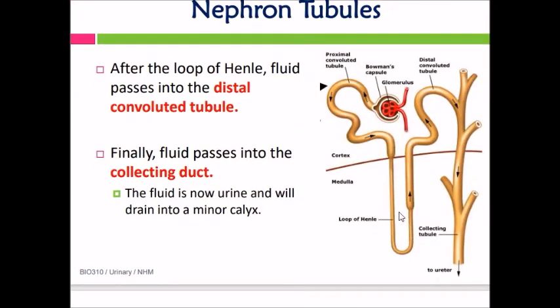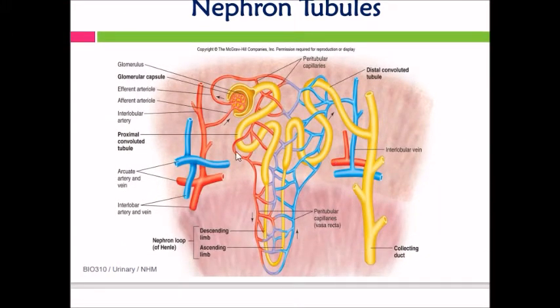Then it goes to the distal convoluted tubule, and finally it will pass through the collecting tubules and directly to the ureter.